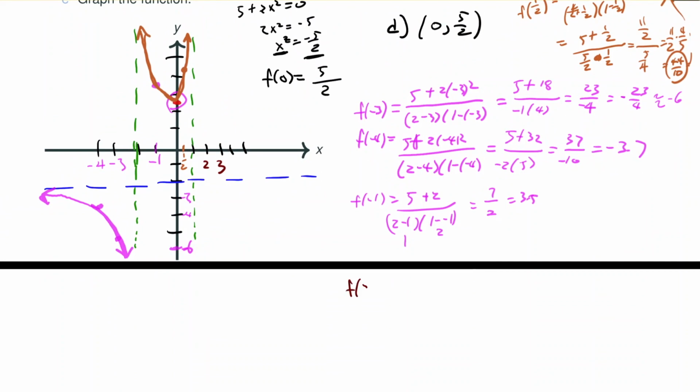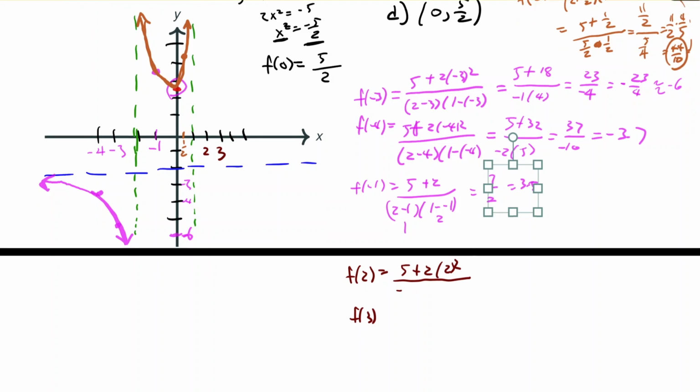f of 2 and f of 3. F of 2 is 5 plus 2 squared over 2 plus 2 times 1 minus 2, which gives me 13 on the numerator. 4 times negative 1 gives me 13 over negative 4, which is negative 13 over 4, which is close to negative 3, but smaller, right?